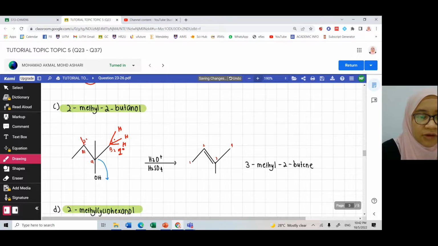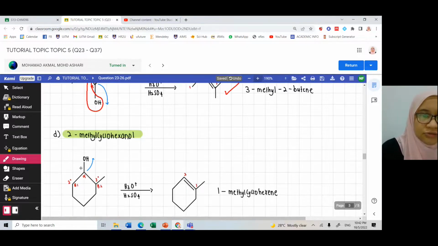For this one, you have only 2 hydrogens, so this is more substituted compared to the primary carbon here. So based on Zaitsev's rule, it would prefer to form a double bond between carbon number 2 and carbon number 3. So this is the one. Good.